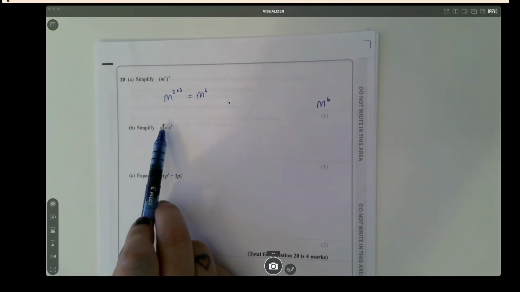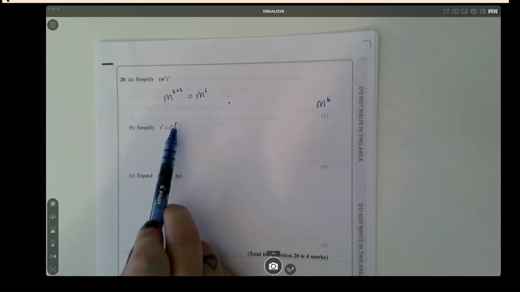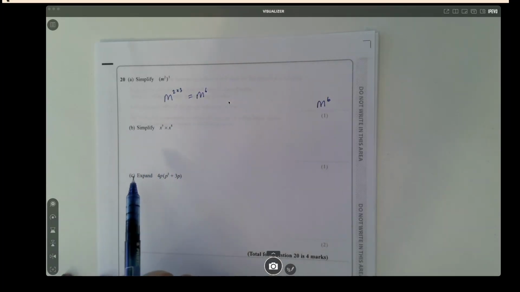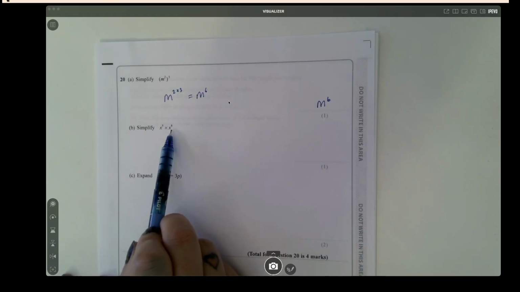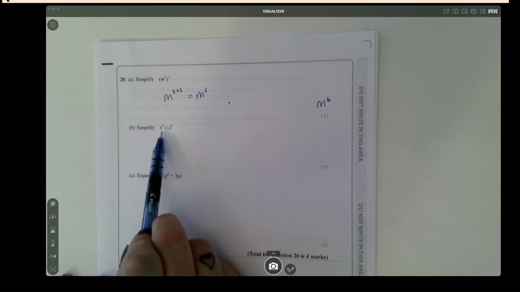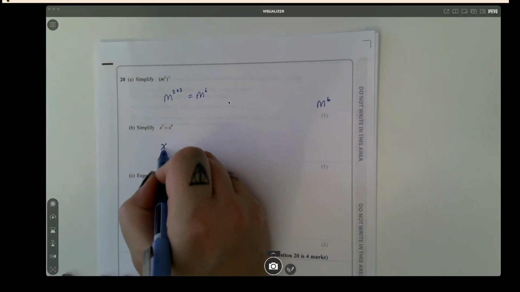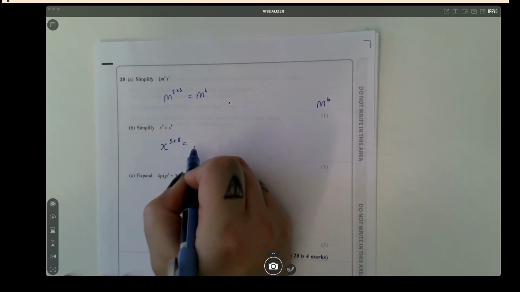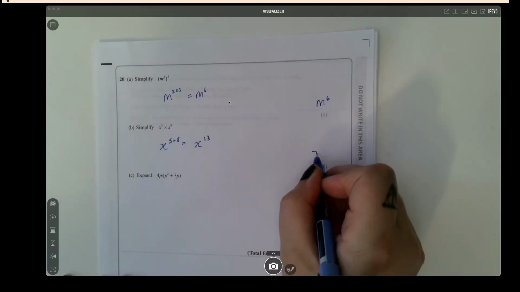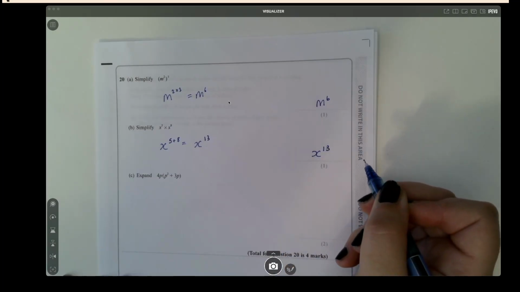Part B. Simplify x to the power of 5 multiplied by x to the power of 8. The law of multiplication for indices says that if we have the same base, and we're multiplying, we then add the power. So it's going to become x to the power of 5 plus 8, which is x to the power of 13.